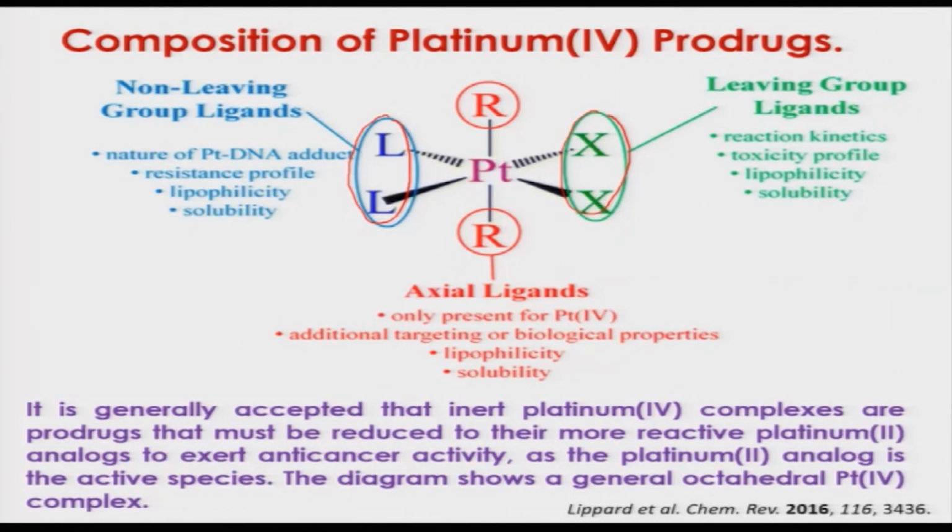This is the diagram where you can see that there is scope to vary different groups, and you can improve your anti-cancer drug, and make your drug more friendly, less toxic. That would be of great help for the community.